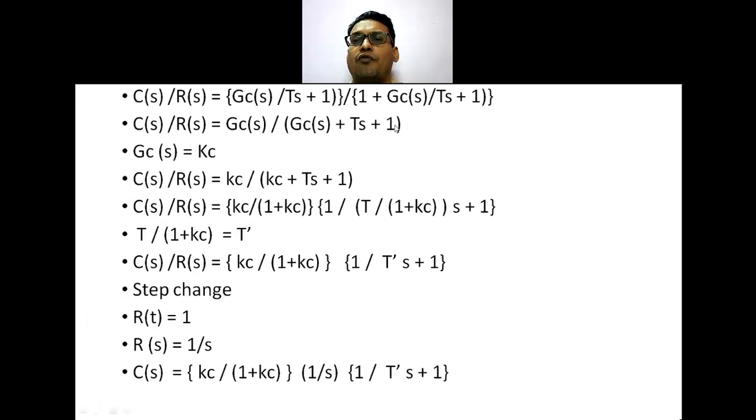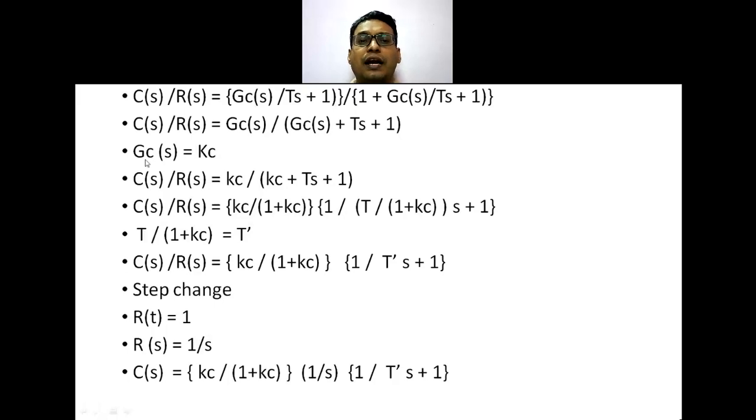That is 1 plus the product of all transfer functions in the control system. So this can be reduced to GC of s upon GC of s plus tau s plus 1.